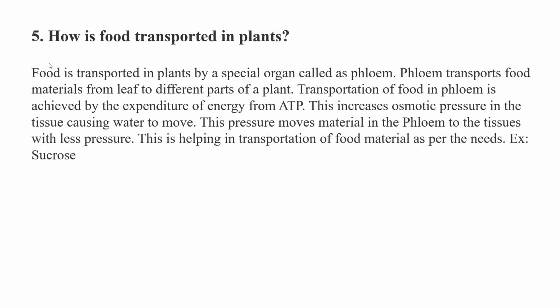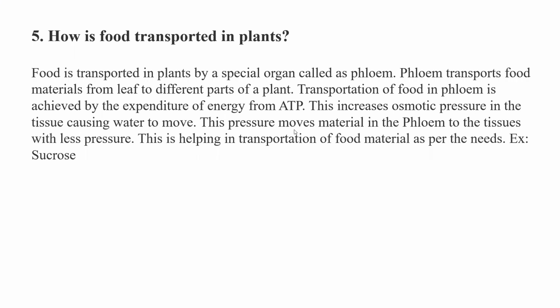Fifth question. How is food transported in plants? Food is transported in plants by a special tissue called phloem. Phloem transports food materials from leaf to different parts of a plant. Transportation of food in phloem is achieved by the expenditure of energy from ATP. This increases osmotic pressure in the tissue, causing water to move.